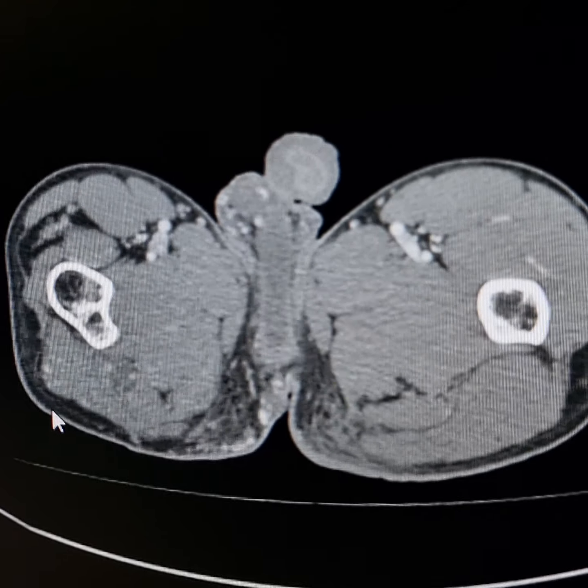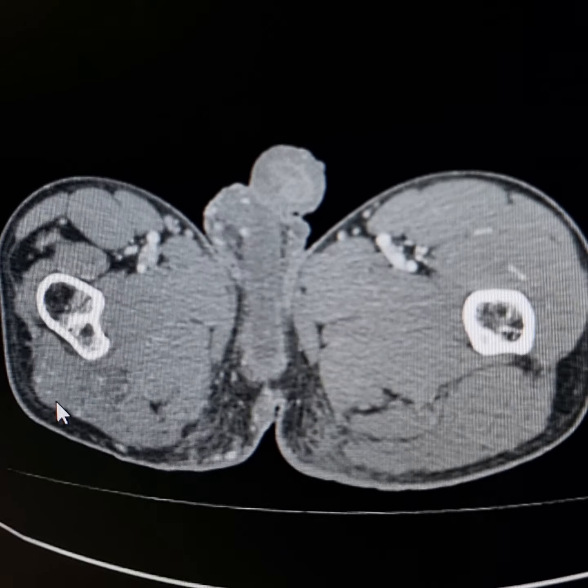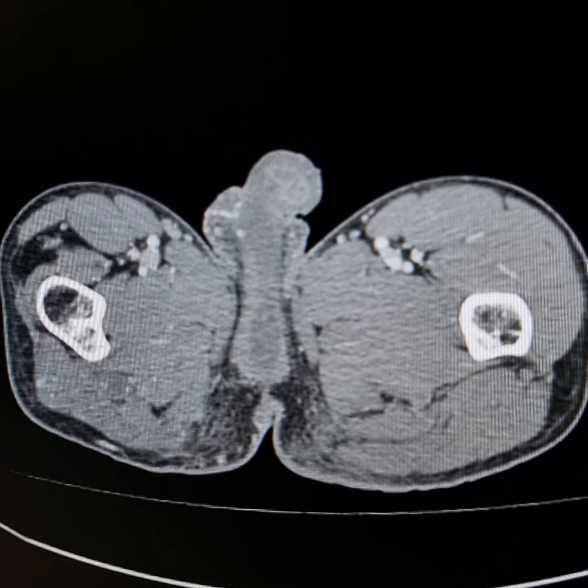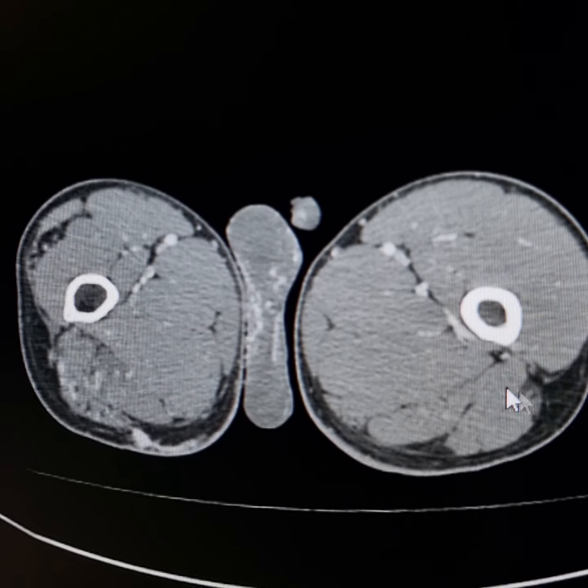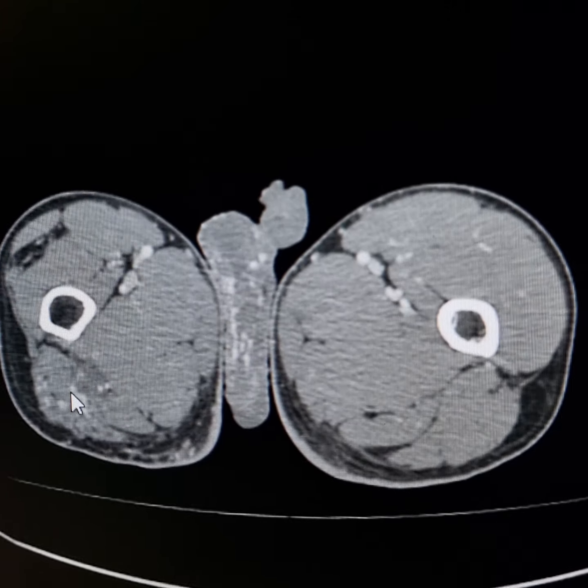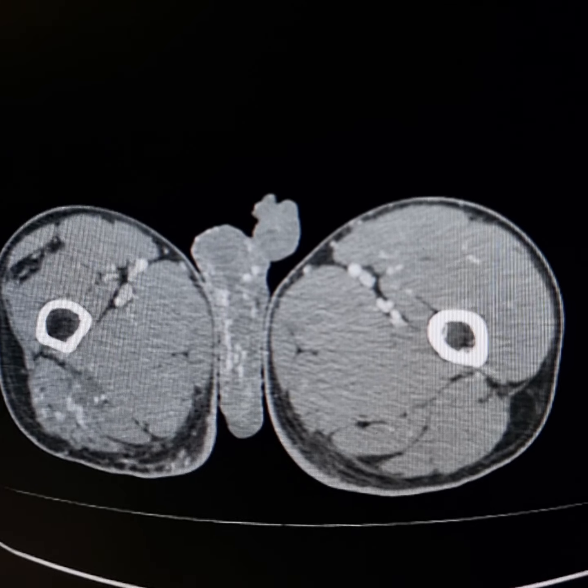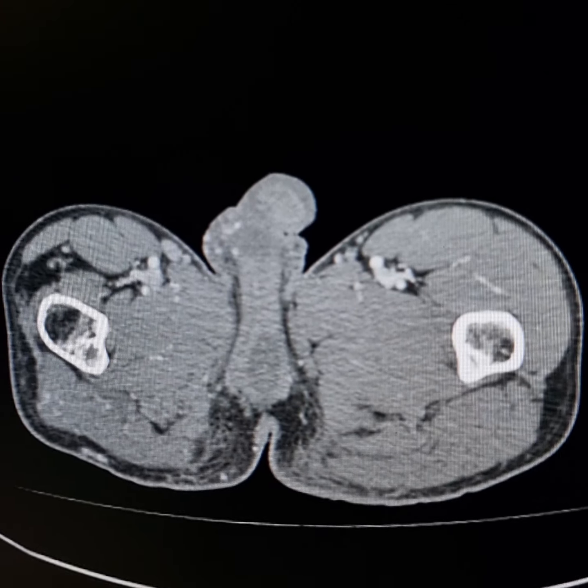Now please observe this venous hemangioma in the lower part of the right gluteus maximus muscle. This one is here. There is no significant arteriovenous shunting.